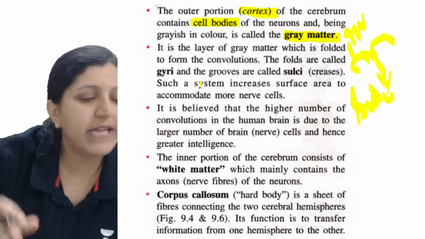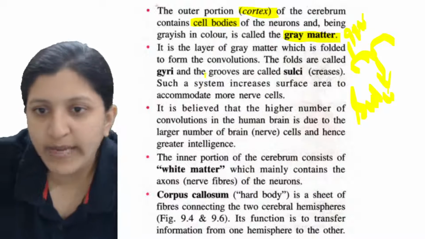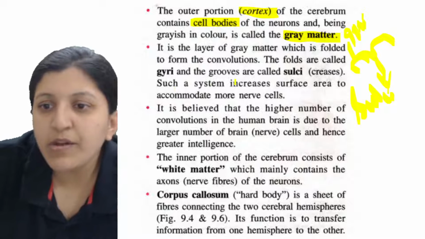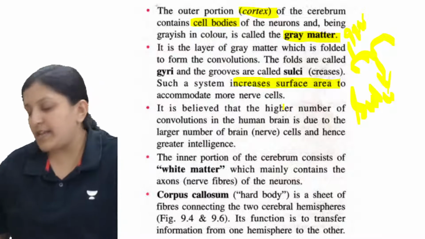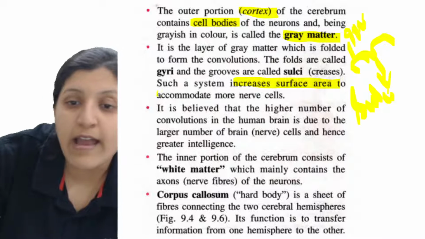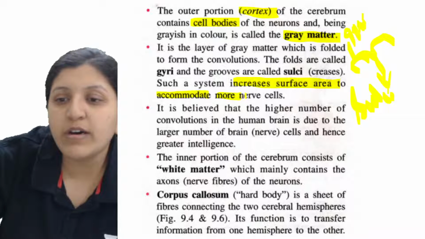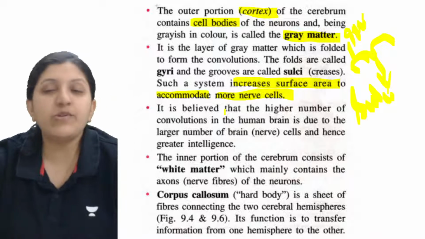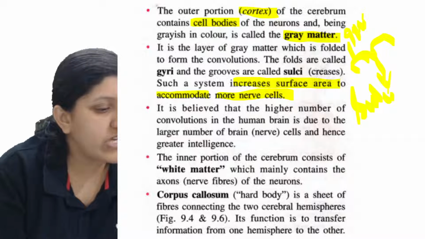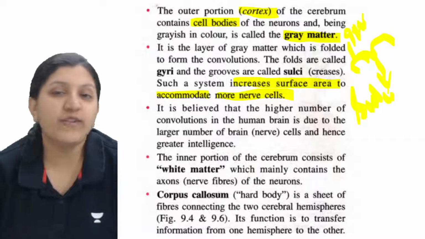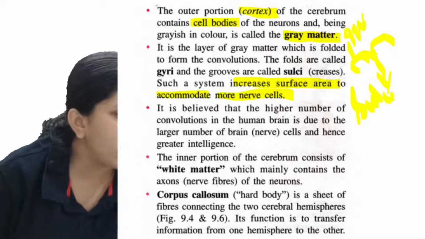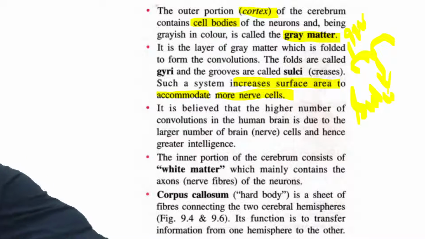Both of them are there because of the foldings. Now, what exactly does such a system do? It increases the surface area so that it can accommodate more nerve cells. This is the reason why the foldings are present, and with these foldings more nerve cells can be accommodated. So which are the nerve cells here?